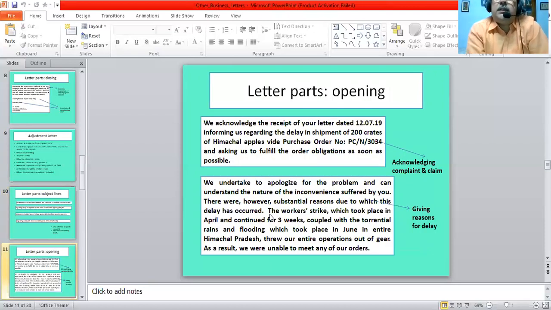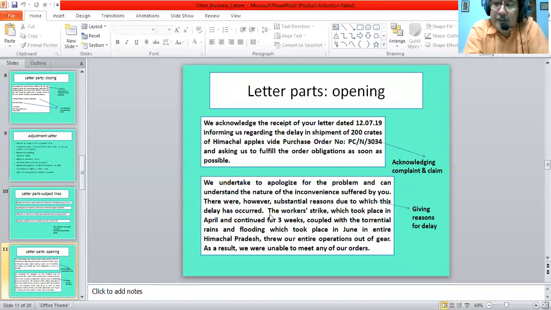Now, the opening of this kind of adjustment letter, let me read the extract that is given. We acknowledge the receipt of your letter dated 12/7/2019, informing us regarding the delay in shipment of 200 crates of Himachal apples by purchase order number PCN 3034, and asking us to fulfill the order obligations as soon as possible.